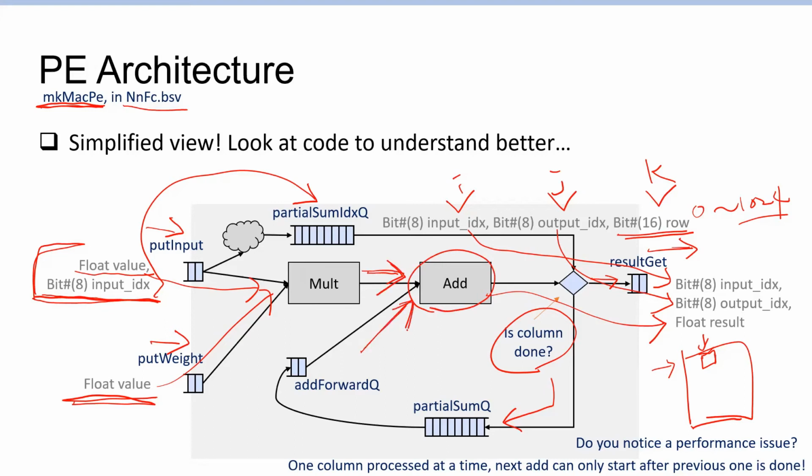If we are processing partial sum implementations, we have to wait until the add results are done. The previous add results have to be finished before the results can be available for the next add operation. And because this add operation has multiple cycles of latency, this is completely not pipelined. We'll get into the details of this again in a bit.